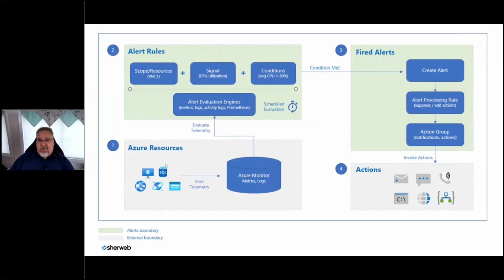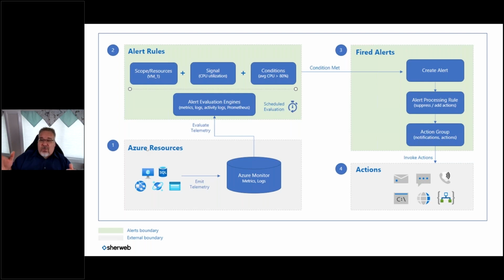So I want to come back to this slide because this is where, on box one down here, you've got your Azure resources, and you've got the ability to do Azure monitoring, metrics, and logs on these services. Based on how you want to create the alert, you create the alert rule. If it's a virtual machine, the signal of an alert would be CPU utilization.